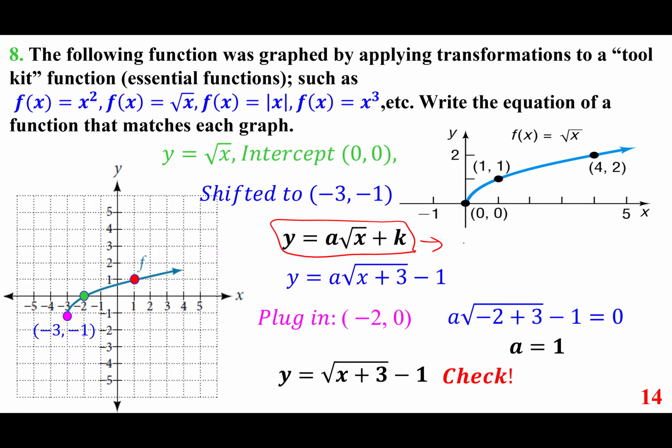This one is a square root of x minus h plus k, and this is h comma k. So that should be pretty easy to follow.